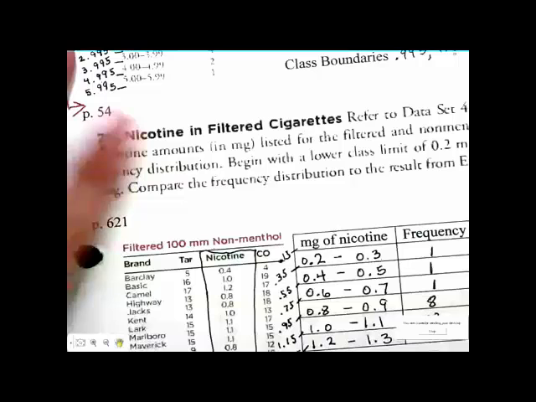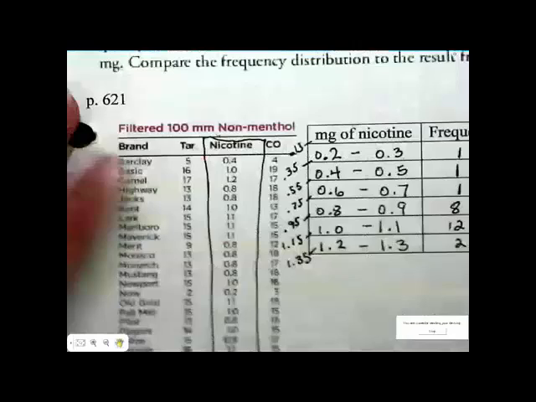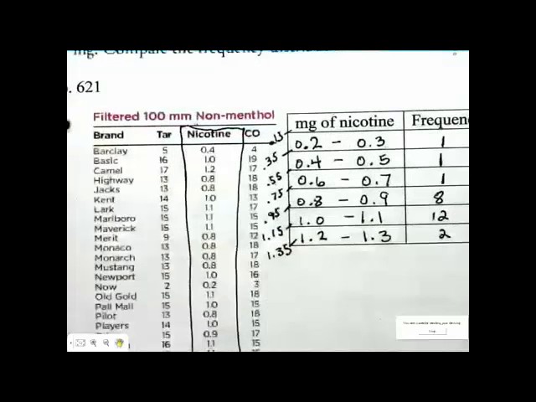Right there. The first class boundary is 0.35. The class width is 0.2. So just keep counting up by 0.2. And you can go back by 0.2 to get your left fence post. 0.35 minus 0.2 is 0.15.